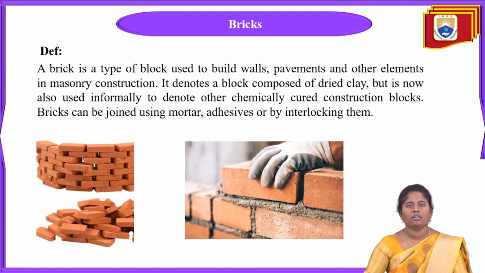Nowadays we have different types of bricks. In that, silica lime is also one of the types, and it can be used for aesthetic purposes also nowadays. And these bricks can be joined using mortar, adhesives, and or by interlocking them.